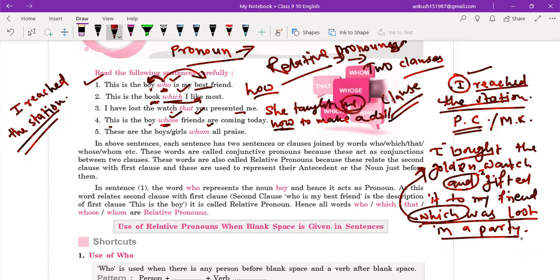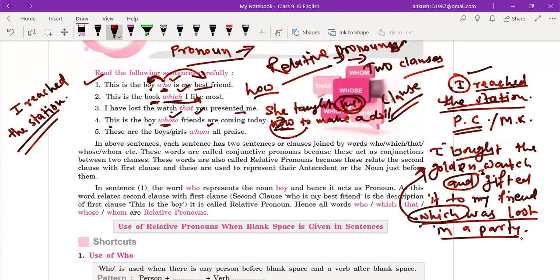Because it is followed by the object. She taught me how to make a doll. So me is an object and therefore it is not categorized in the relative pronoun over here, but it is showing the relation of this sentence with the first sentence. She taught me how to make a doll, right?